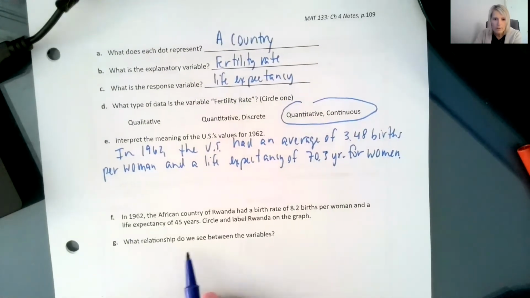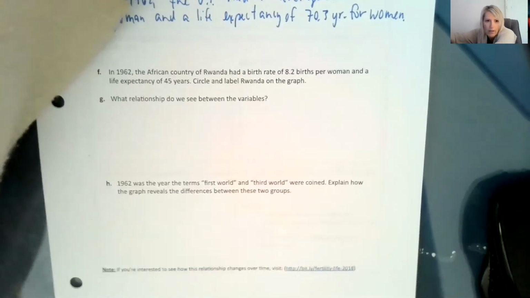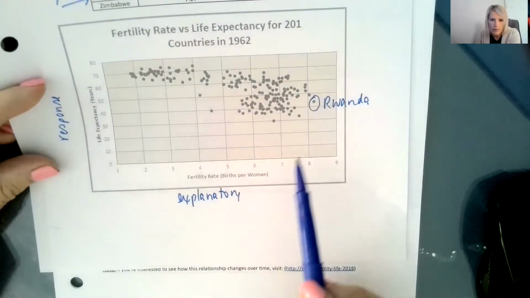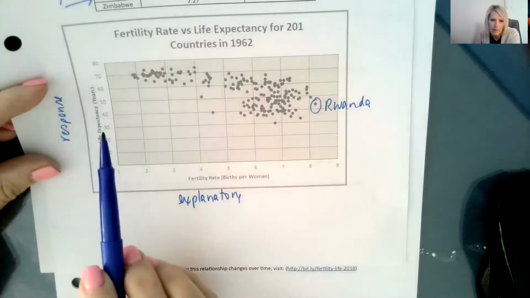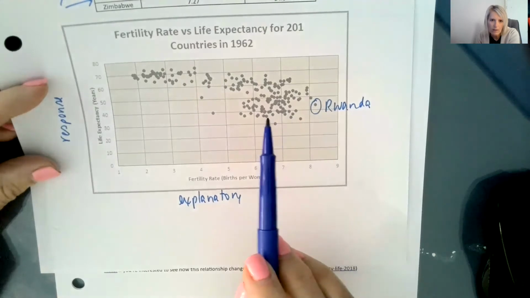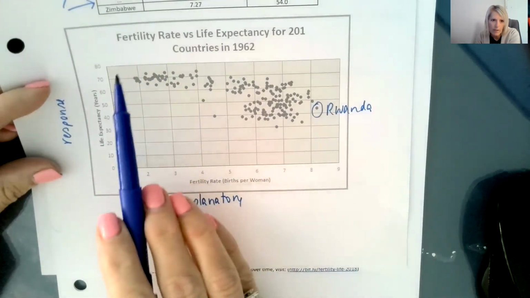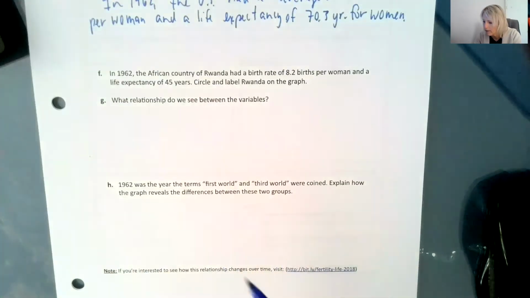What relationship do we see between the variables? So it looks like the more births per woman in a country as an average, their life expectancy is lower. And it looks like the countries here that had fewer births per woman, their women had a higher life expectancy.